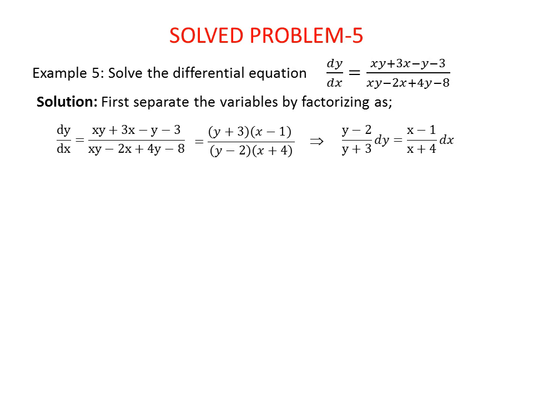So if we divide, we get the term 1 minus 5 divided by y plus 3 dy on our left hand side, which is equal to 1 minus 5 over x plus 4 dx.